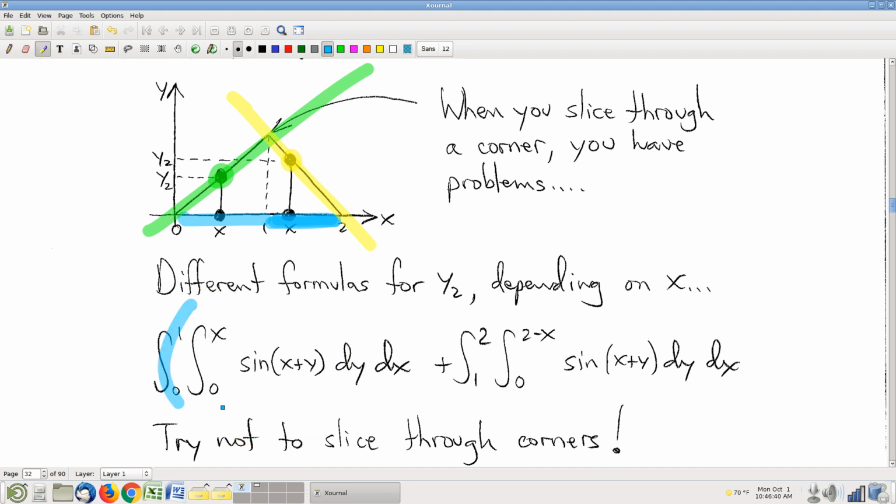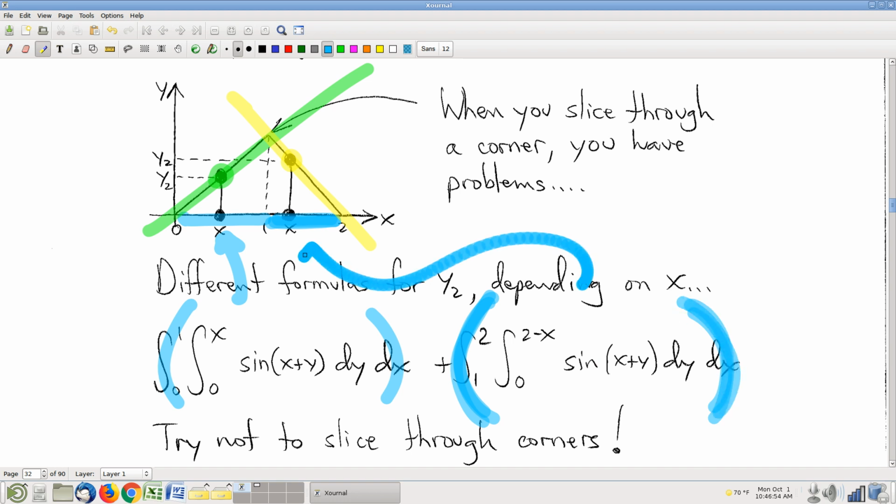You have one for when x is between 0 and 1, for that part of the curve, and then one for when x is between 1 and 2, for that part of the curve. And then notice your upper bound is x, as determined by the curve y equals x, for the lower values of x, and then it is 2 minus x, which is what you get on that yellow curve.